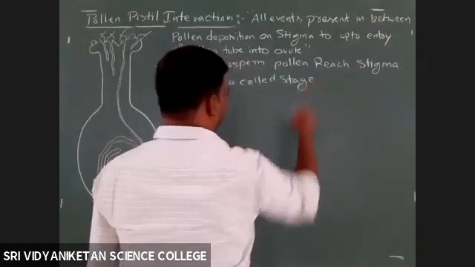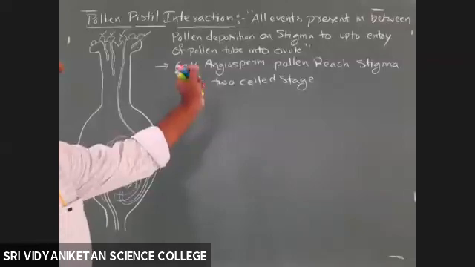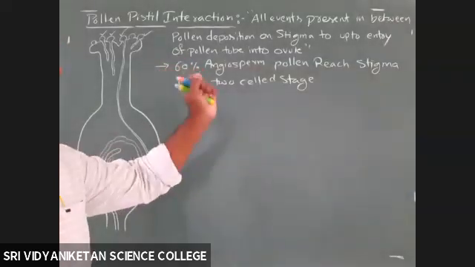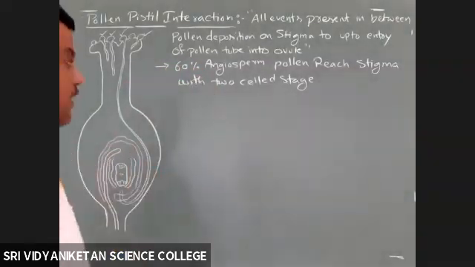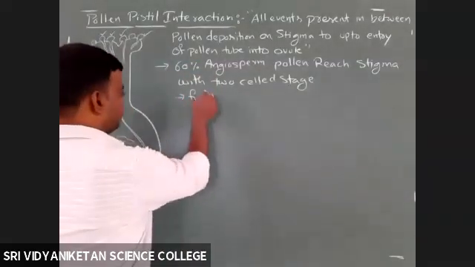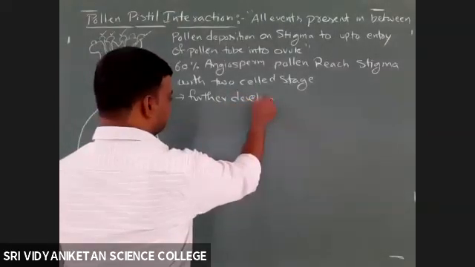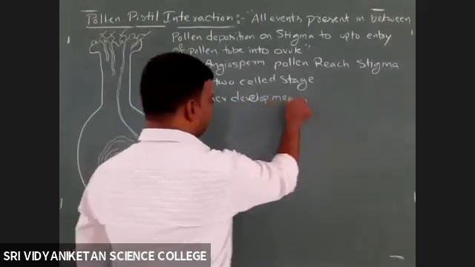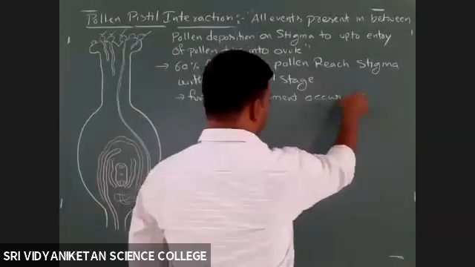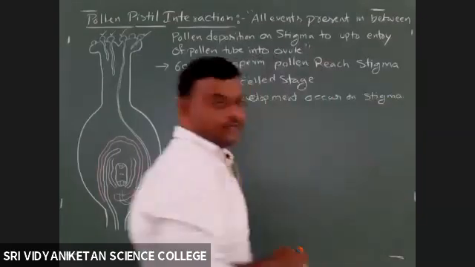Whenever it reaches the stigma at the two-celled stage, further development takes place on the stigma. So what is the further development?